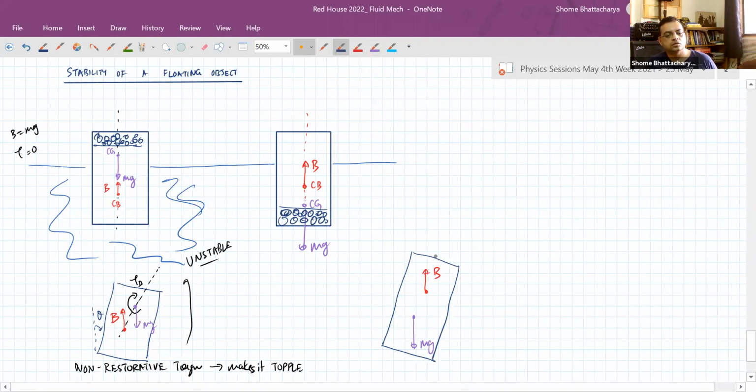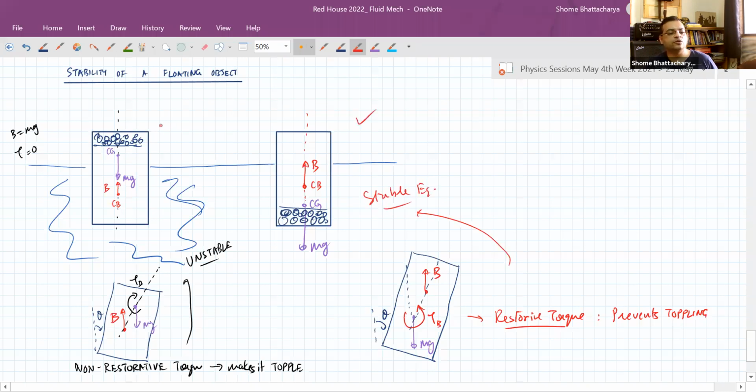So as this is tilted through an angle theta like this, about the center of gravity or the center of mass, the buoyant force is creating a torque which is like this. It's opposite in nature. So it creates restorative torque. It'll have a tendency to prevent toppling. So that means that this is a stable kind of equilibrium.